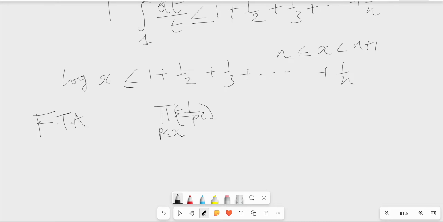And i goes from 0 to something, we don't know, but something such that we have p_k. Up to k, but it doesn't matter where we reach.